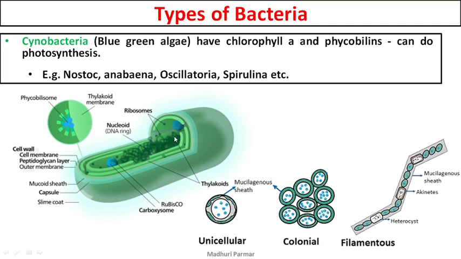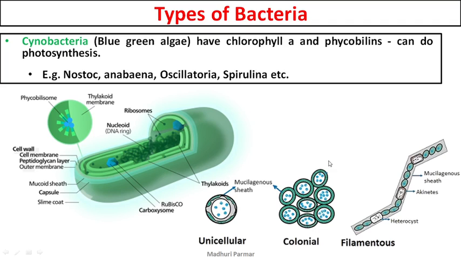Yes, these are the same type of thylakoids you find in chloroplast. Here you see these infoldings of the membrane, which are called thylakoids, and inside the thylakoid you have different molecules of chlorophyll and phycobilins which help in photosynthesis.